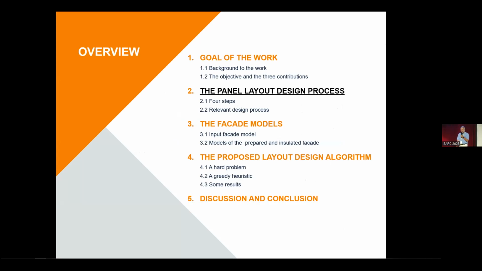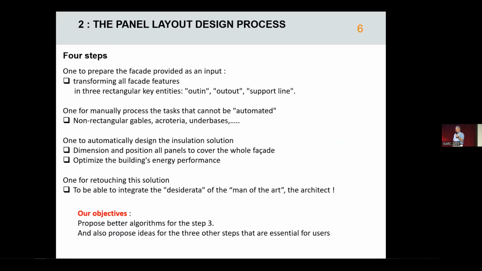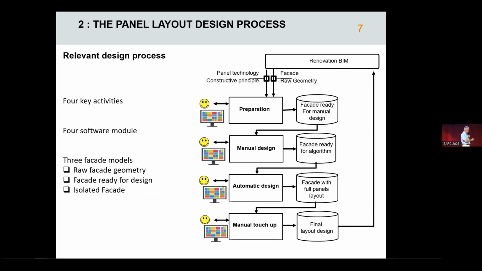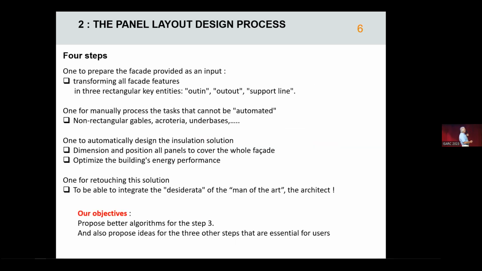About the layout process, why 4 steps? This has been achieved by talking with various stakeholders of the project, mainly architects and constructors. The first one is to prepare the facade. Starting from the analyzed geometry, we get some kind of geometric model.